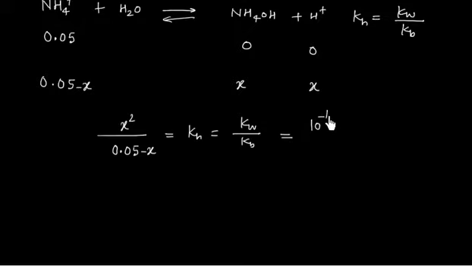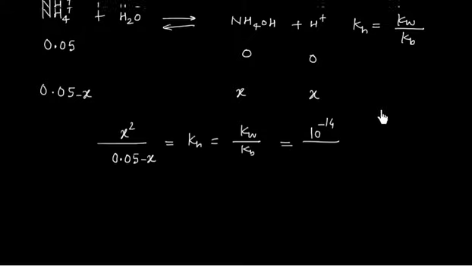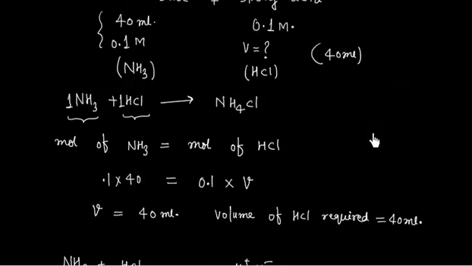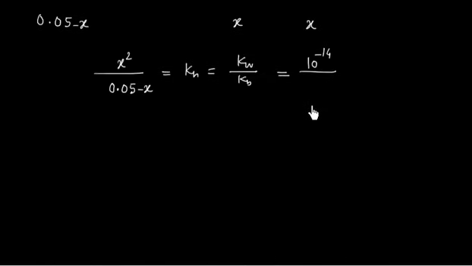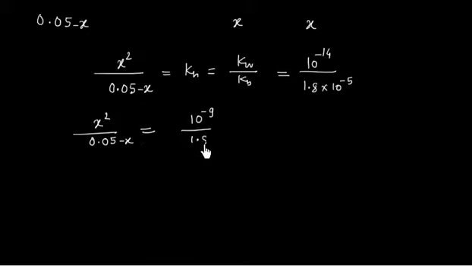Kw is 10 to the power minus 14, and Kb is given for this base, that is 1.8 into 10 to the power minus 5. So we will have X square divided by 0.05 minus X equals 10 to the power minus 9 divided by 1.8.